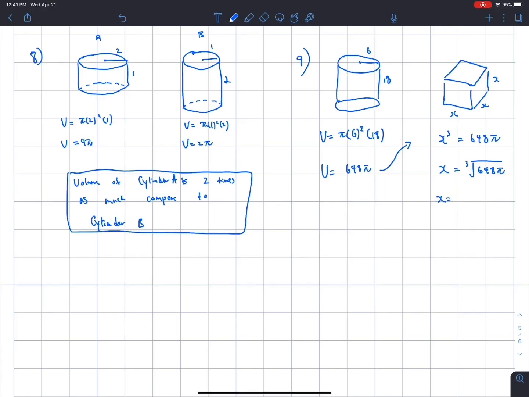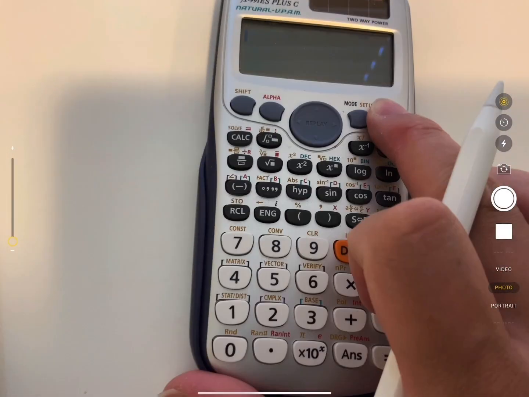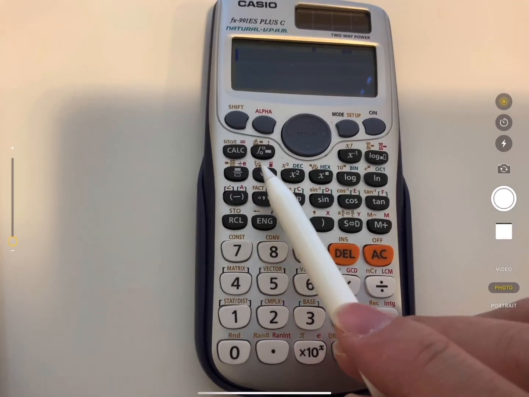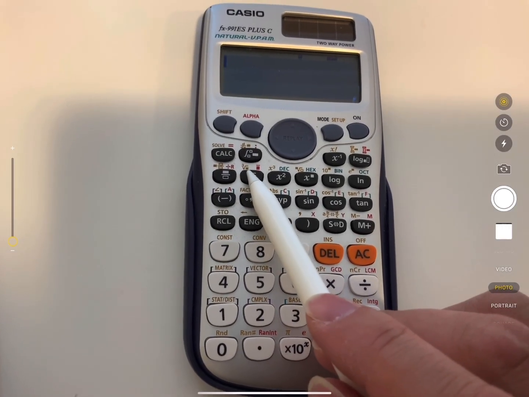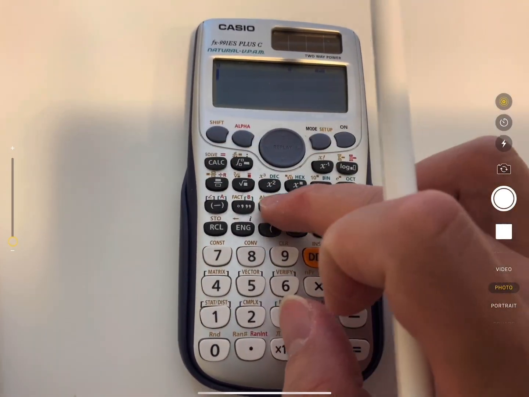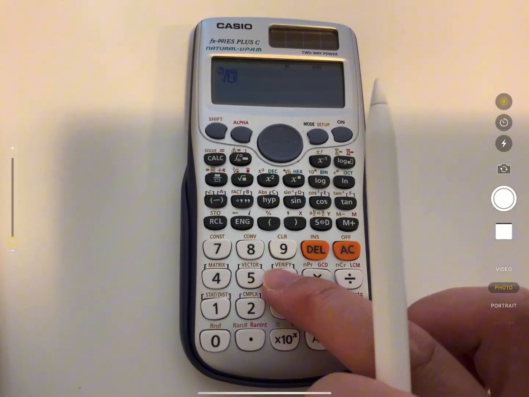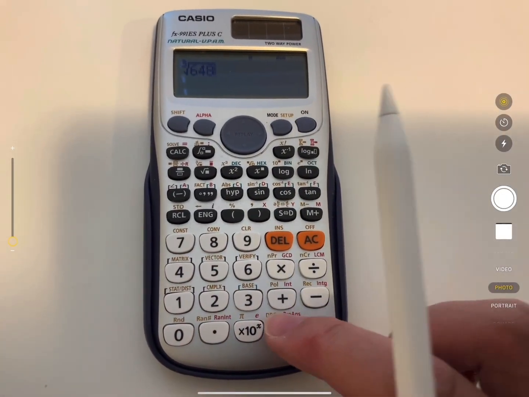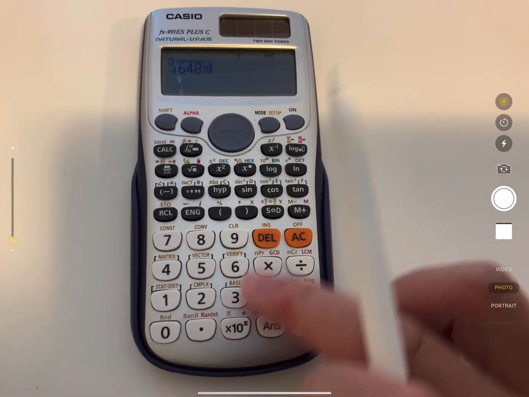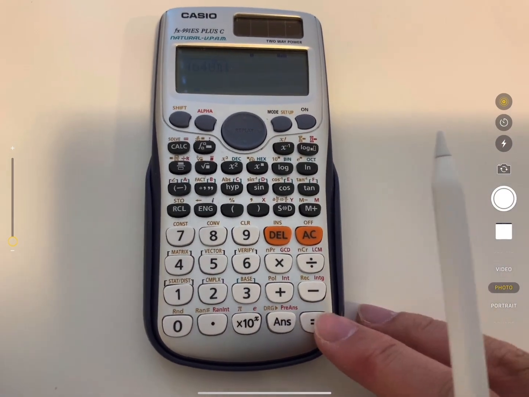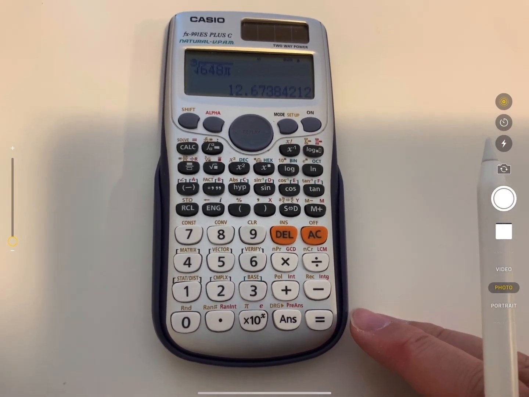And then I would type that into the calculator. Your cubic root button is right here, the orange or yellow one. So I just go shift, then 6, 4, 8, and then pi. And that will give me the answer, 12.7.